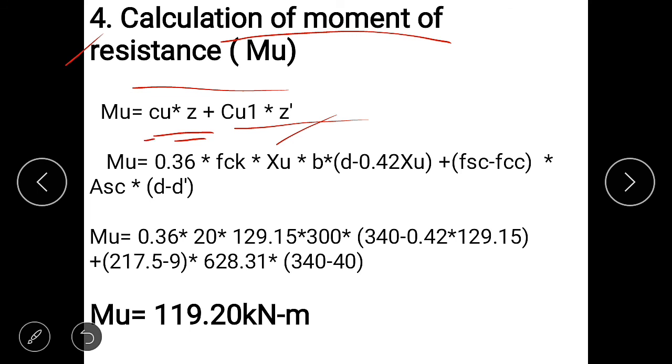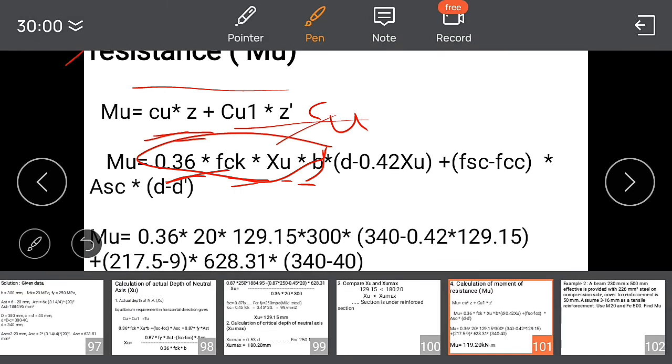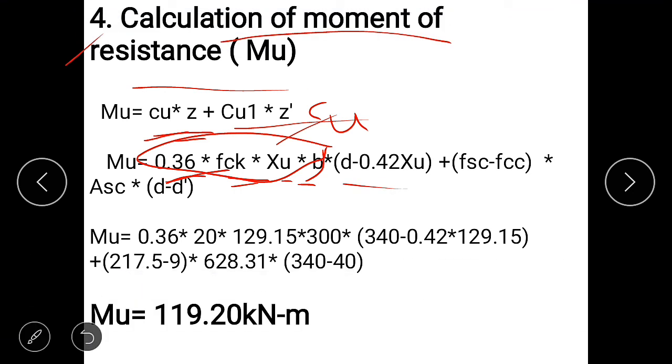Cu is 0.36 FCK into XU into B. Z is d minus 0.42 XU. Cu1 is (FSC minus FCC) into ASC. And Z dash is d minus d dash.